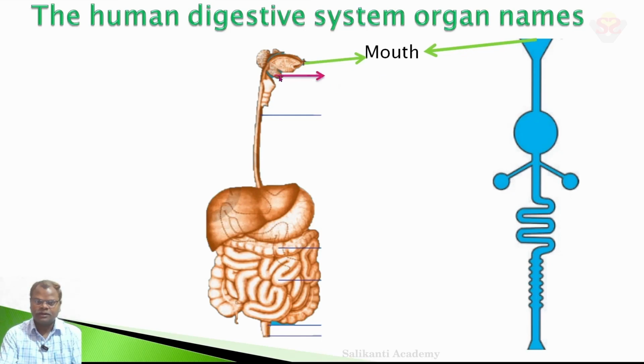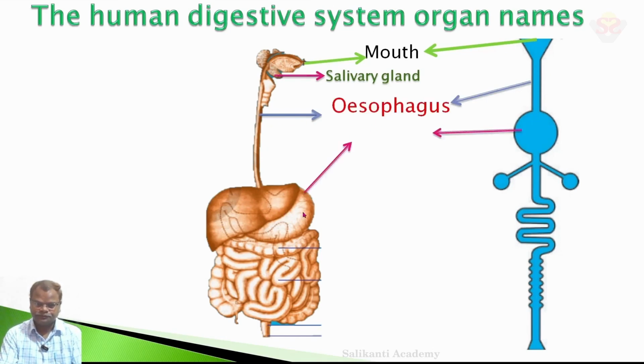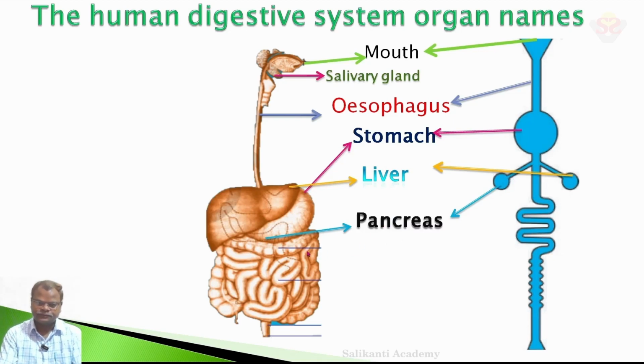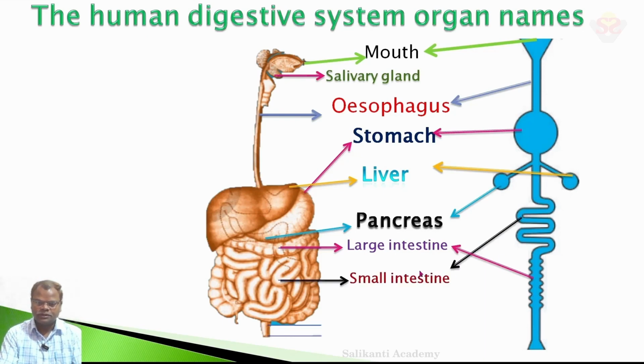Then this is the salivary gland, and this is the esophagus, and this is the stomach, and this one is the liver, and this leaf-like structure is the pancreas, and this big structure is the large intestine, and this narrow tube-like structure is the small intestine, and the ending of the large intestine is the rectum. The rectum is followed by the anus.